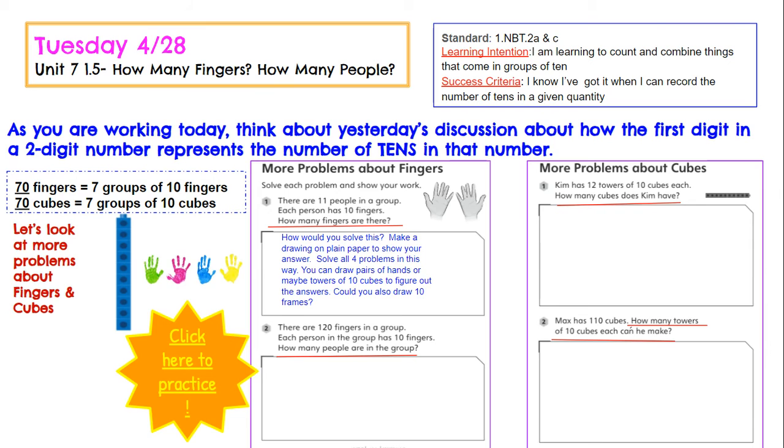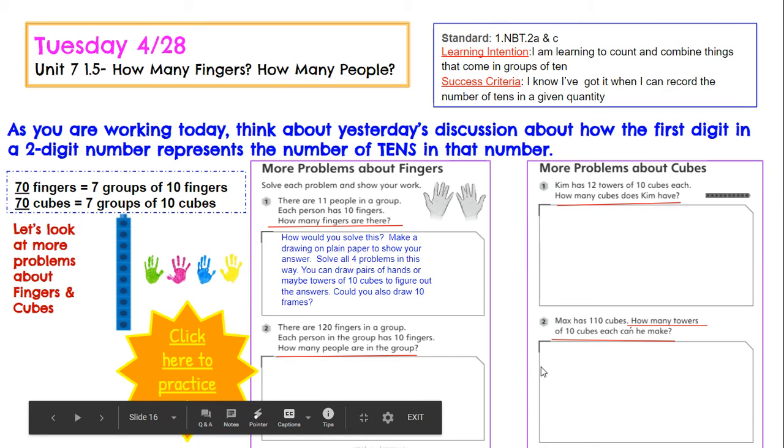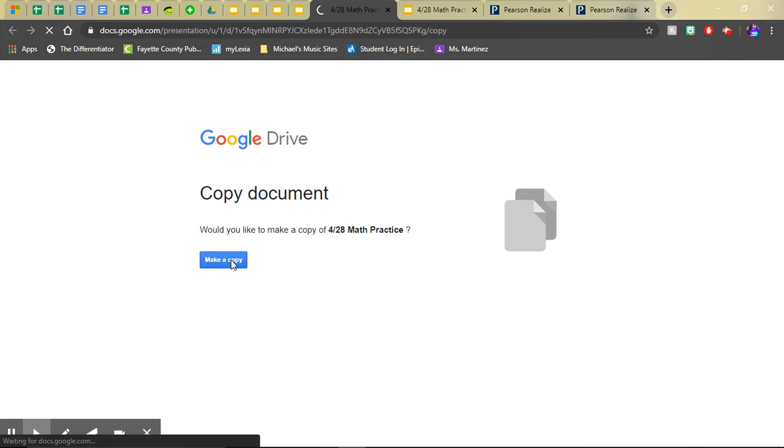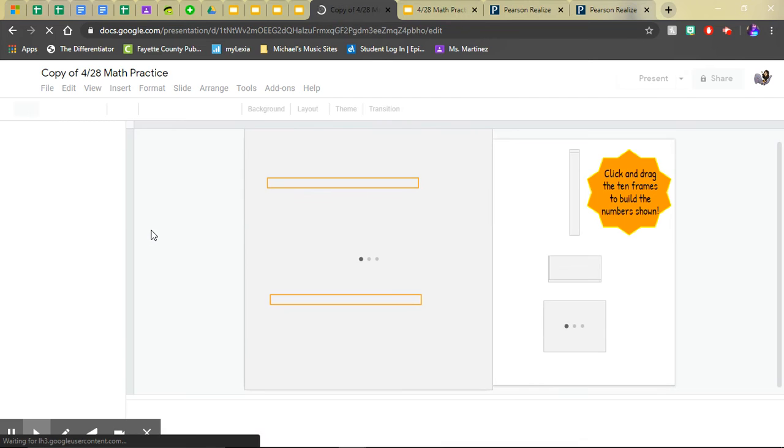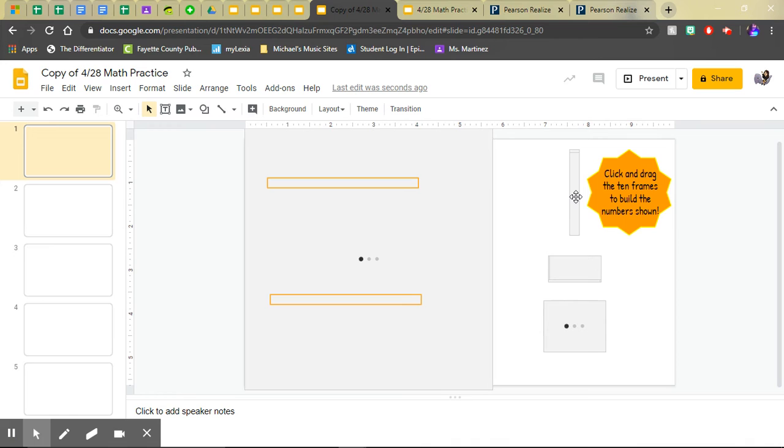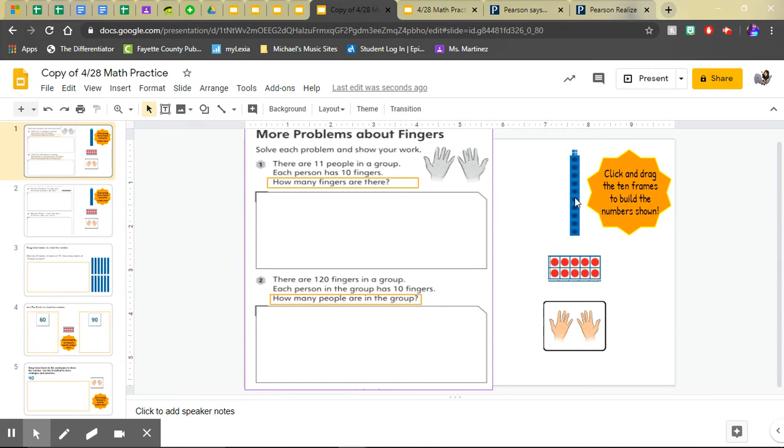There are 4 questions total. You can do it on paper, or you can click on this big orange star and it'll bring you to a Google slide. On the Google slide, you have the problems in front of you, as well as some materials that you can click and drag to help you solve the problem.